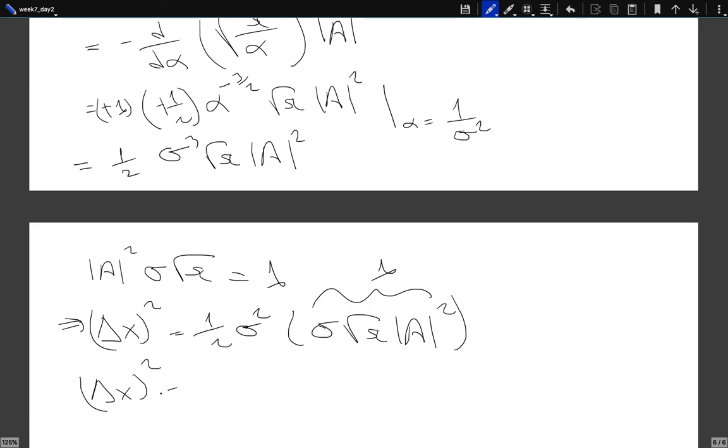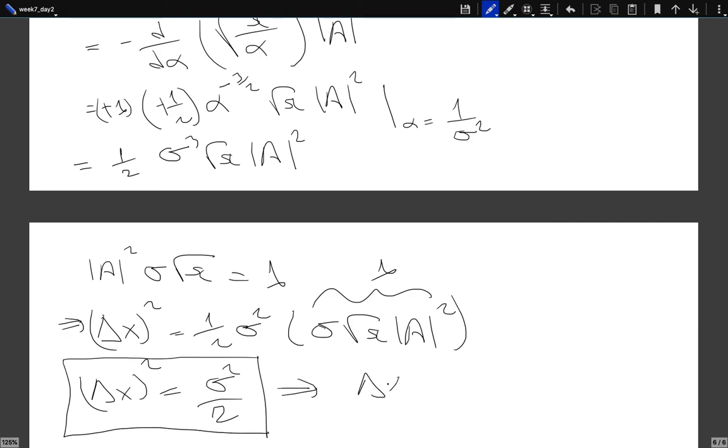So delta x squared is sigma squared over 2, or delta x is equal to sigma over square root of 2. This is the uncertainty in the position of the particle.